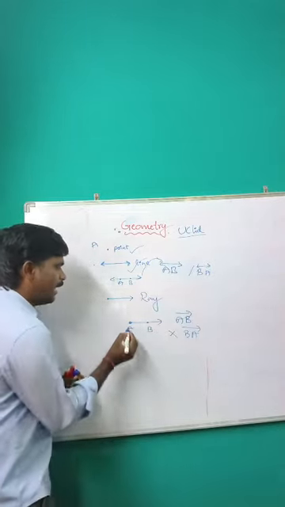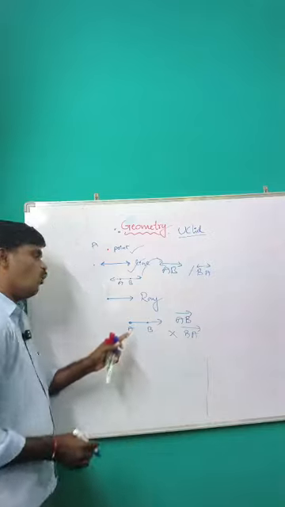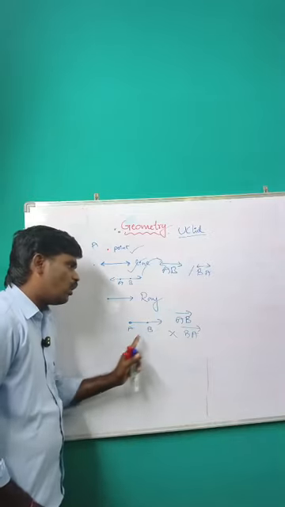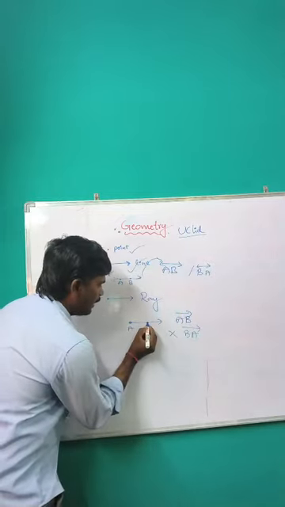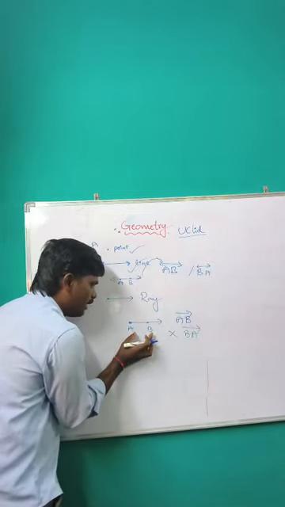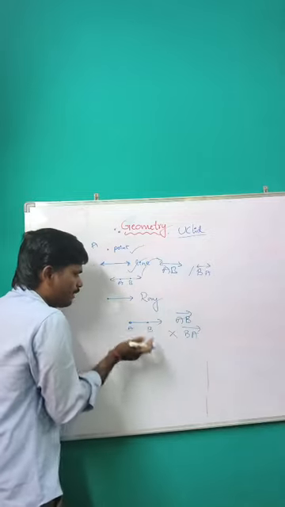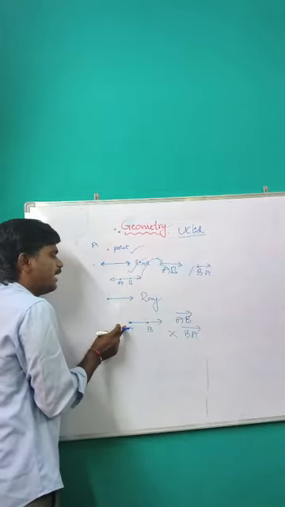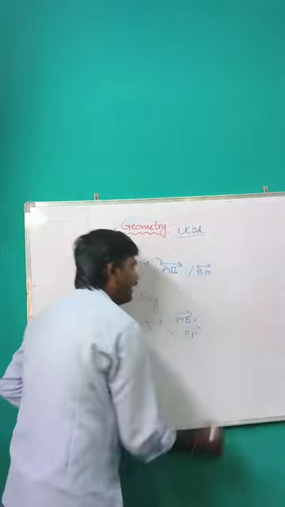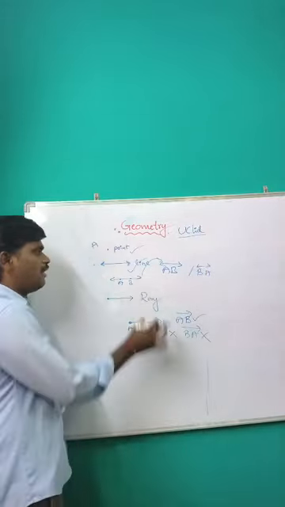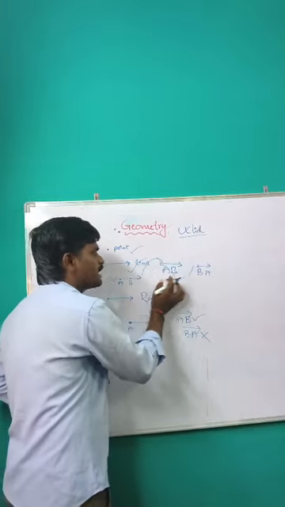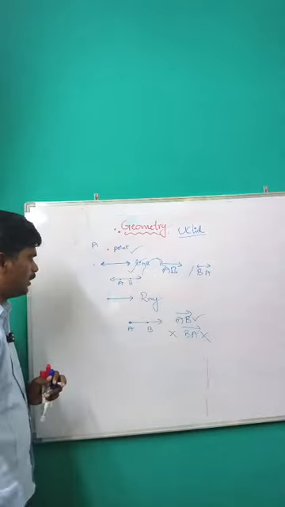Why? Because it has a starting point, and where the starting point is, there we have to start writing the name. This ray doesn't start from B. It starts from point A, so we write A and B: AB ray. Don't write BA ray. But we can write a line in two ways, AB line and BA line.